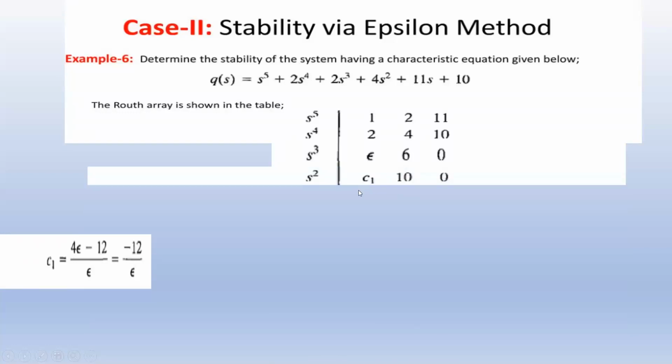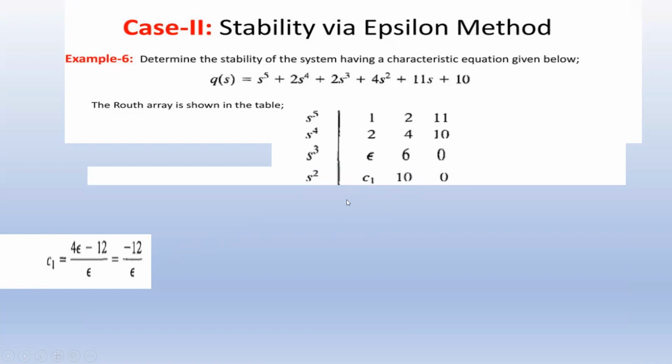So if we fill the next row of this Routh array, that would be C1, which is 4 epsilon minus 12 by epsilon over here. Sorry, it is wrongly written over here, there will be 4. And then 10, and we have 0 over here.